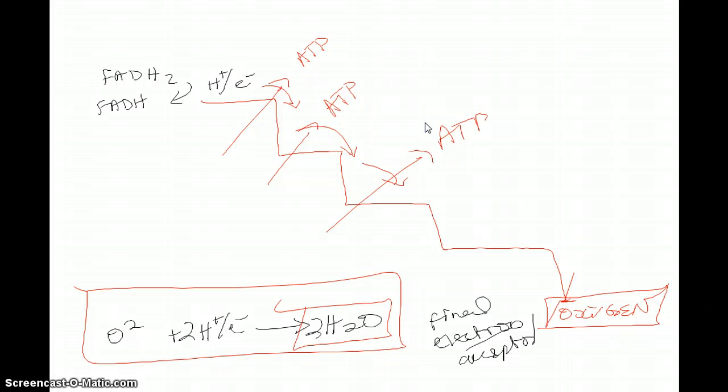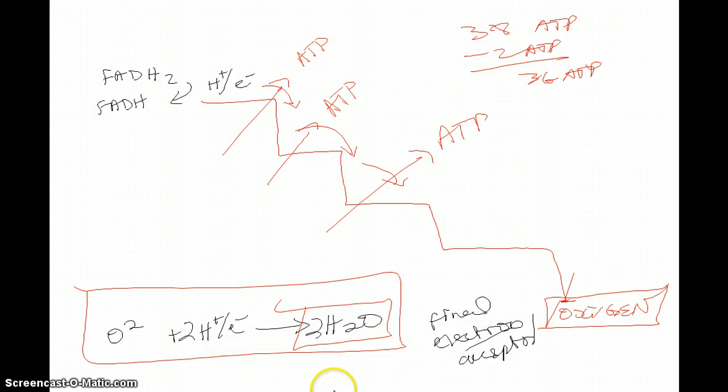And that is how the whole system of cellular respiration works. We end up with 38 ATP minus 2 ATP, so 36 ATP used, and we have water formed and carbon dioxide released. So that is cellular respiration. Thank you for watching, and we'll see you next time.